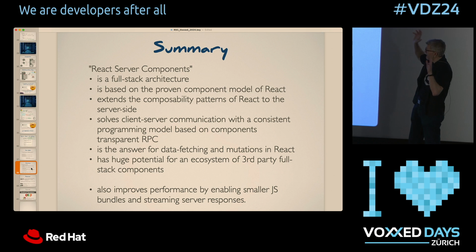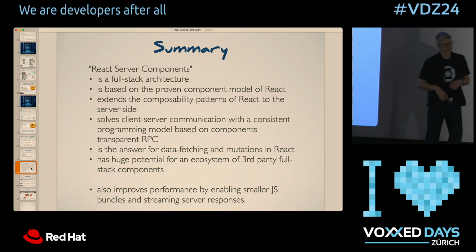It is also like an official answer to the data fetching problem in React by providing some transparent remote procedure calls. And finally, not the most important aspect, it also improves performance by making bundles smaller and by streaming server responses.